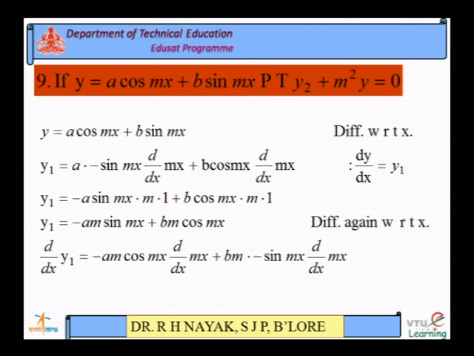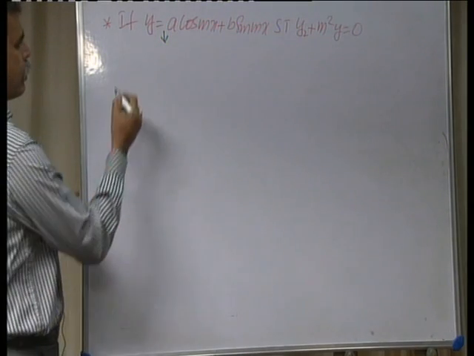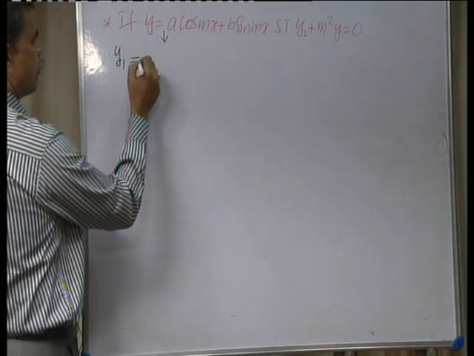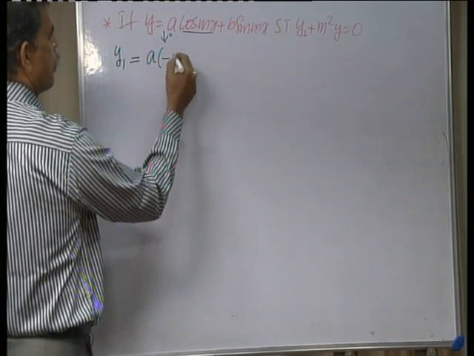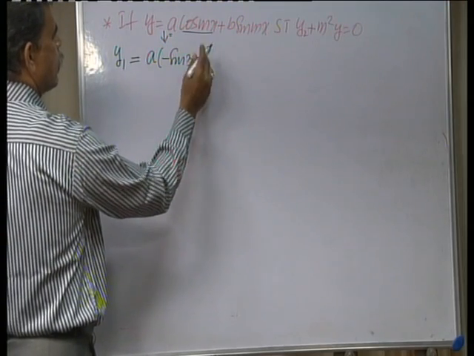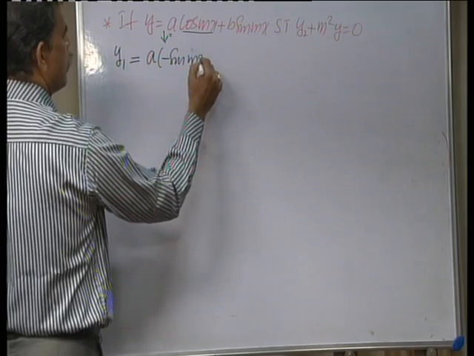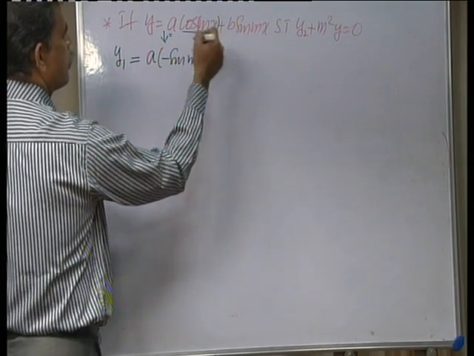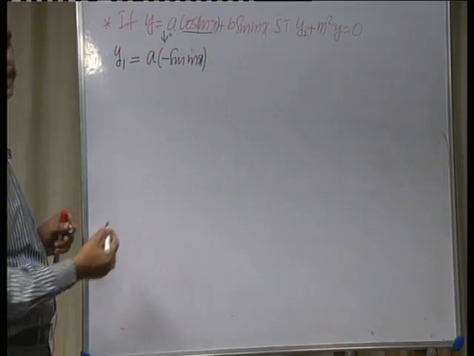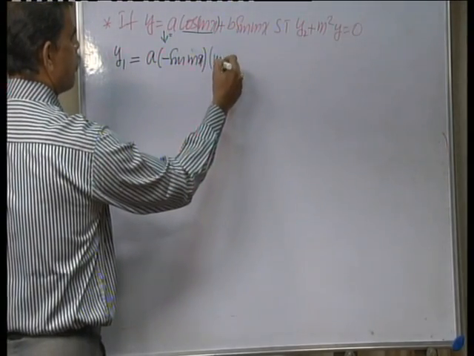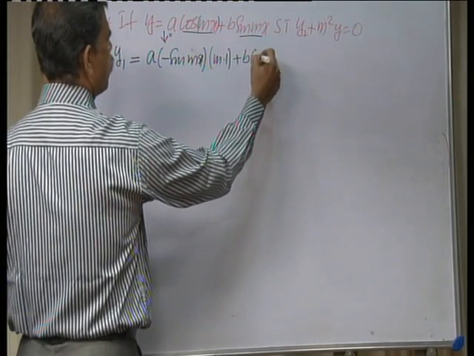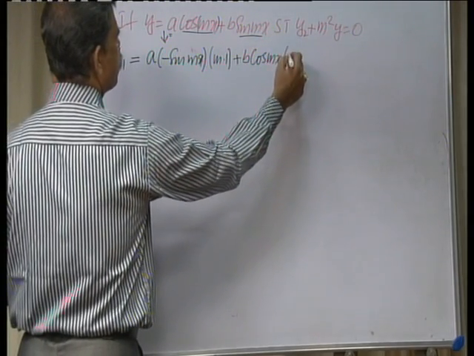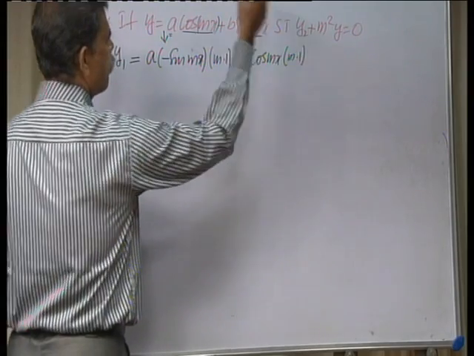So, what is the function? The function is y is equal to a cos mx plus b sin mx. By differentiating you will get y1. a is constant, differentiation of cos mx is minus sin mx into differentiation of mx, it is m into 1, plus b into differentiation of sin, that is cos mx into differentiation of mx is m into 1.